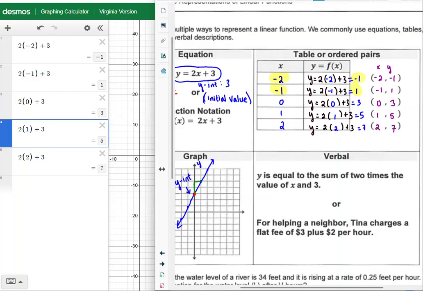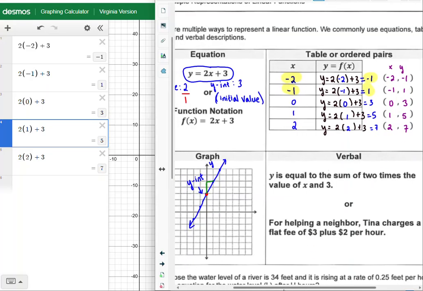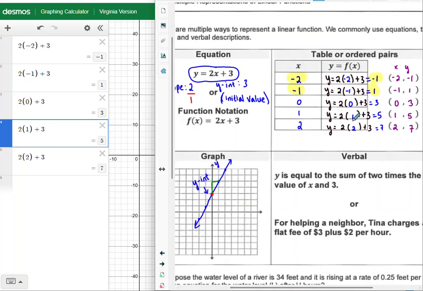Okay? And let me go ahead and show these same points on this line right here. So x is -2, y is -1. See, that works. -1 goes to +1, everything lines up. 0 goes to 3. This one is a special point. Let me point that out to you in just a second. 1 goes to 5, 1, 2, 3, 4, 5.